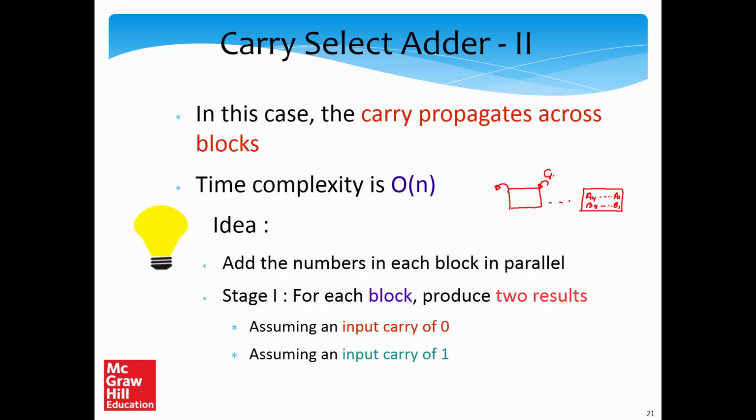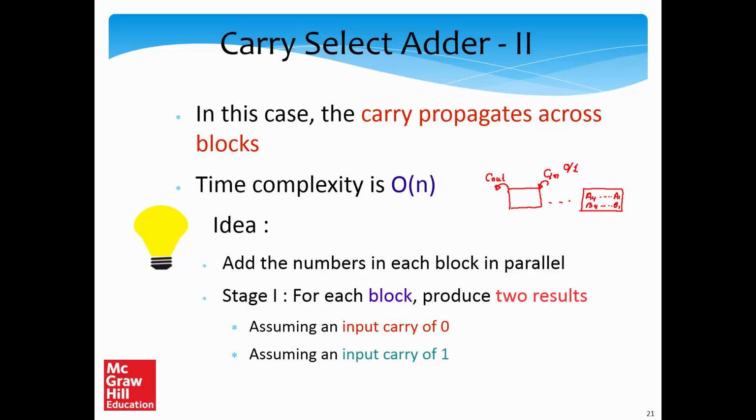There is a carry in and there is a carry out. If we know the value of the carry in, we can perform the addition correctly. So let's consider any block. What are the possible values of carry in? They are either 0 or 1, right? Only two values of the carry in can be there.